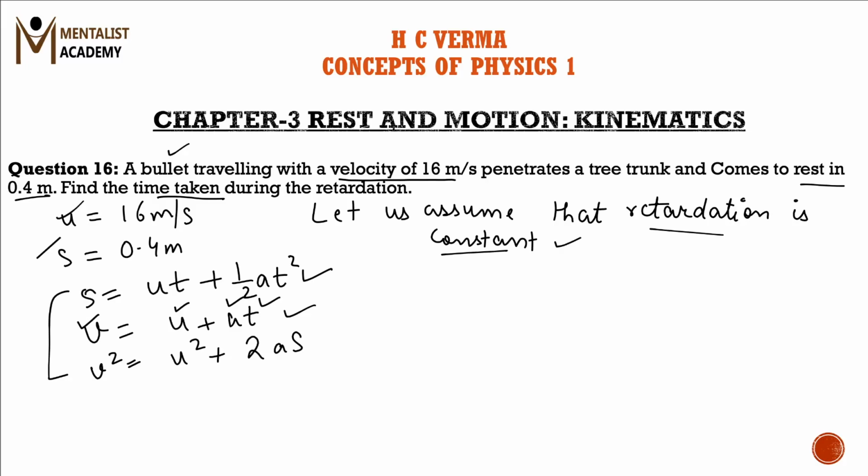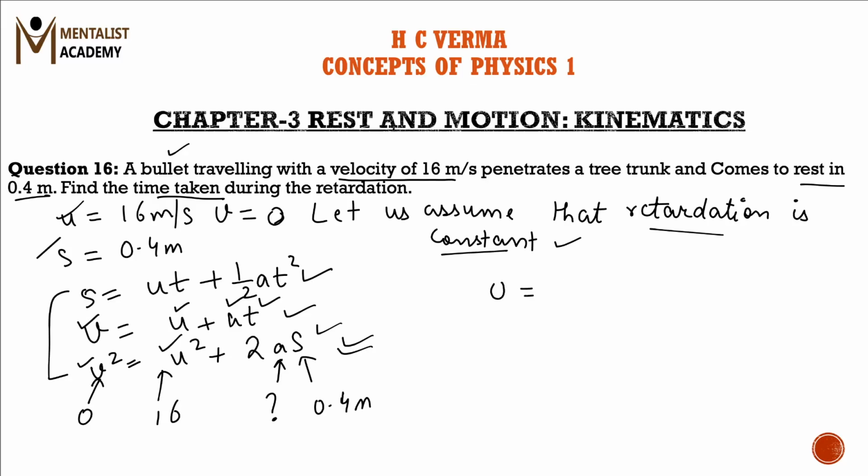We also have the final velocity v, v is equal to 0. So which equation we will use first? This equation. We have the final velocity 0, u as 16, and acceleration we have to find, and s is equal to 0.4 meters.